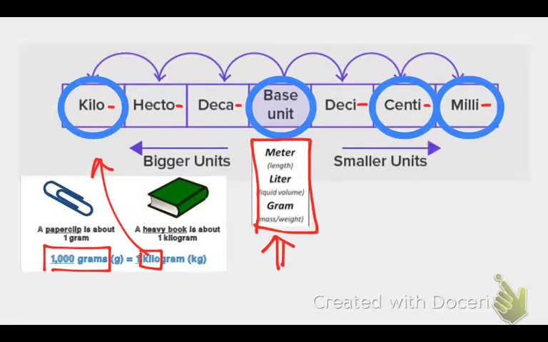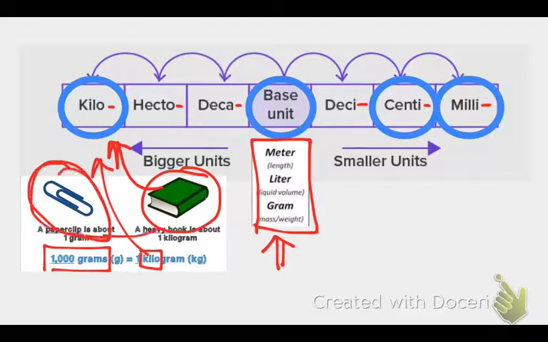As we go left to right, the units get larger. Think about that. A book we know is much larger than a paper clip. Remember this book, that's about a kilogram. This paper clip here, that's about a base unit, okay? So everything to the left there, those are bigger units.